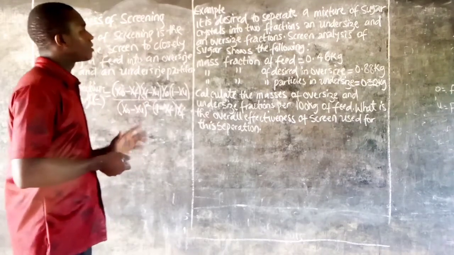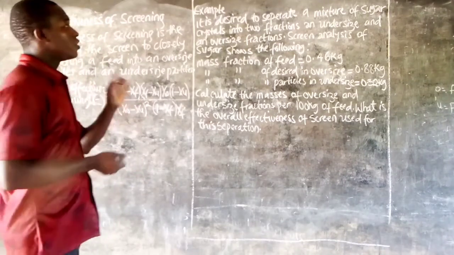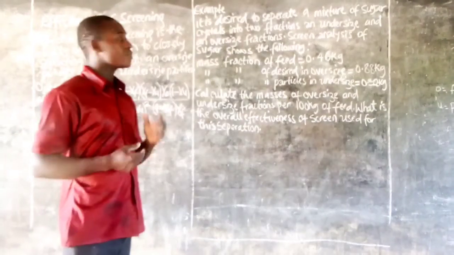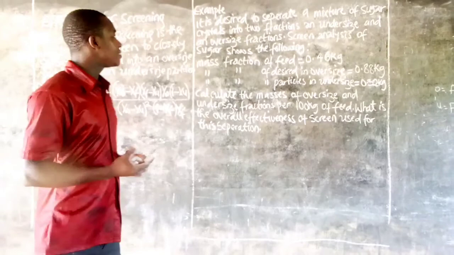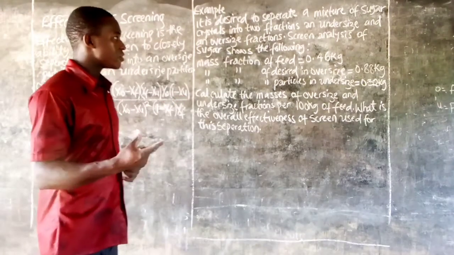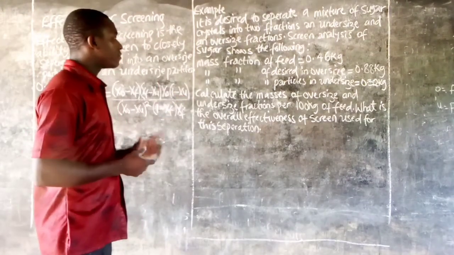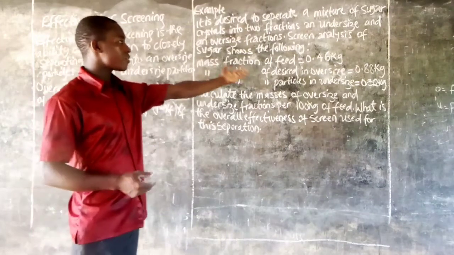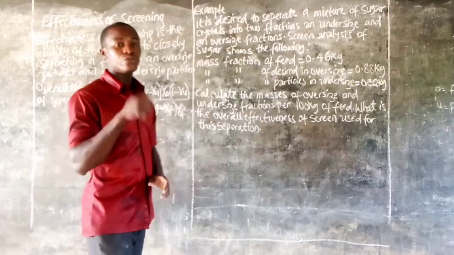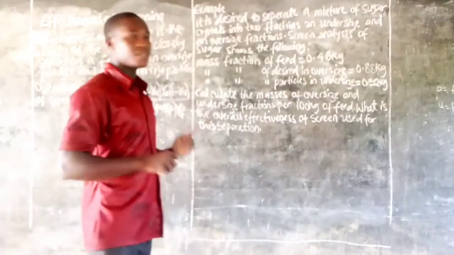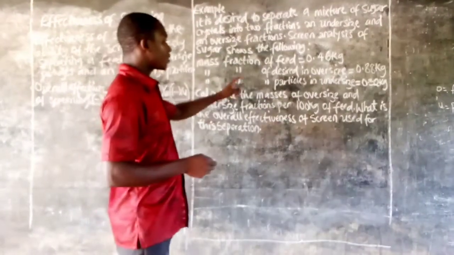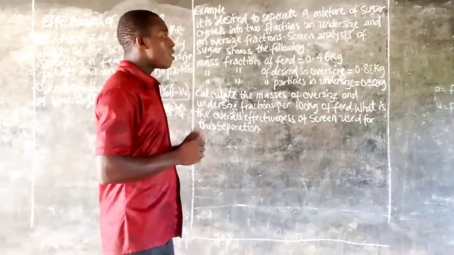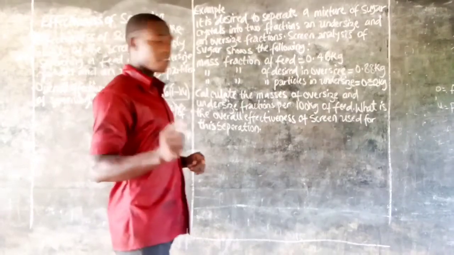The question says that it is desired to separate a mixture of sugar crystals into two fractions, an undersized and an oversized fraction. Screening analysis of the sugar shows the following. The mass fraction of feed is equal to 0.46 kg. The mass fraction of desired in oversize is equal to 0.88 kg.